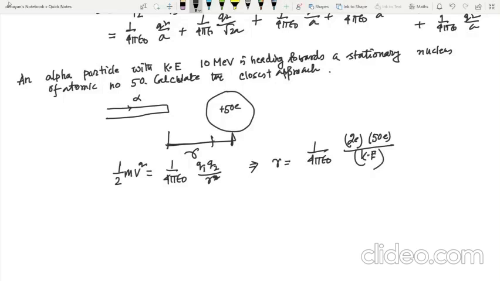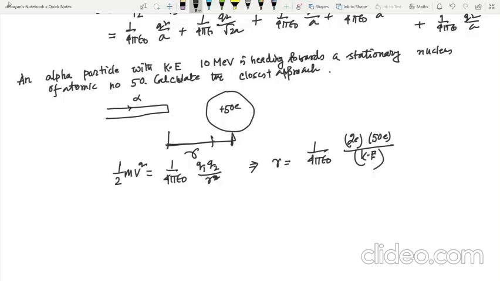This is 9 into 10 to the power 9, and that is 2 into 1.6 into 10 to the power minus 19, that is 2e, and 50e is also the same thing, 50 into 1.6 into 10 to the power minus 19, by kinetic energy, that is 10 into 10 to the power 6 into 1.6 into 10 to the power minus 19, because the kinetic energy given is 10 MeV.